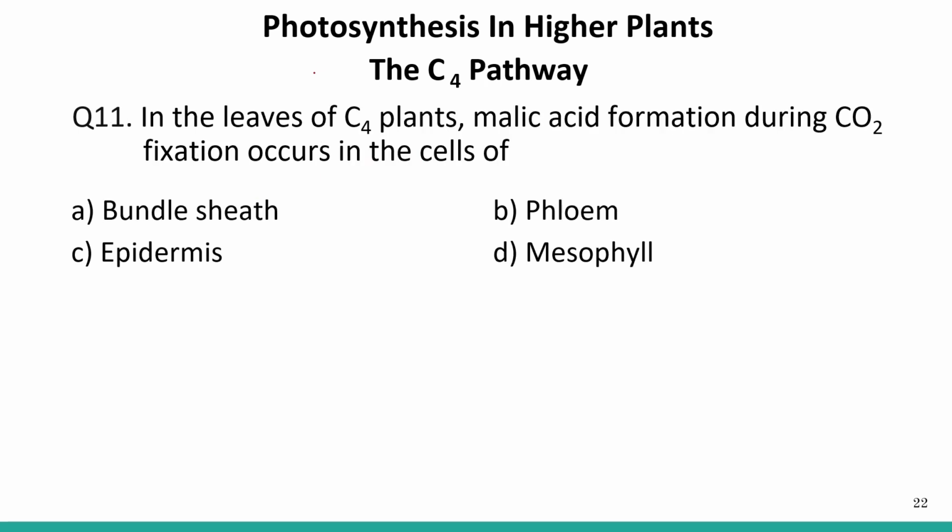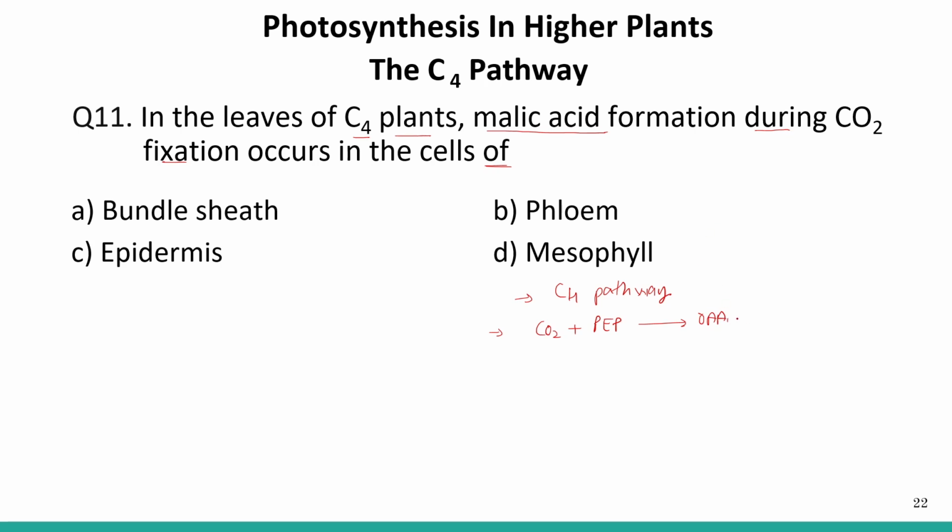Now moving on to the next question, which is: in the leaves of C4 plants, malic acid formation during carbon dioxide fixation occurs in the cells of. Okay, again let's talk about the C4 pathway or the Hatch and Slack pathway. So what happens initially? Carbon dioxide is accepted by phosphoenol pyruvate, which leads to the formation of oxaloacetic acid.